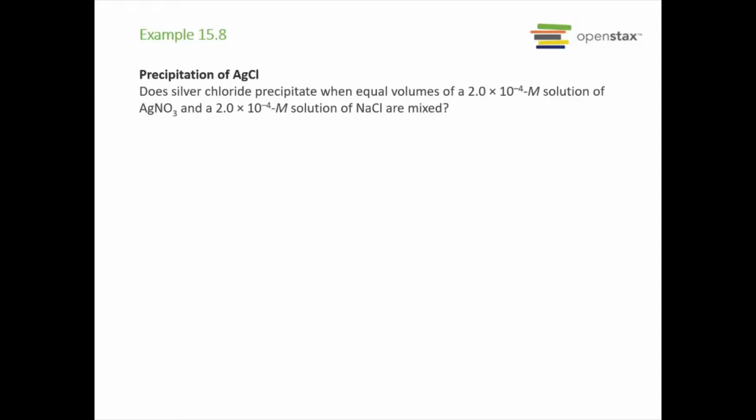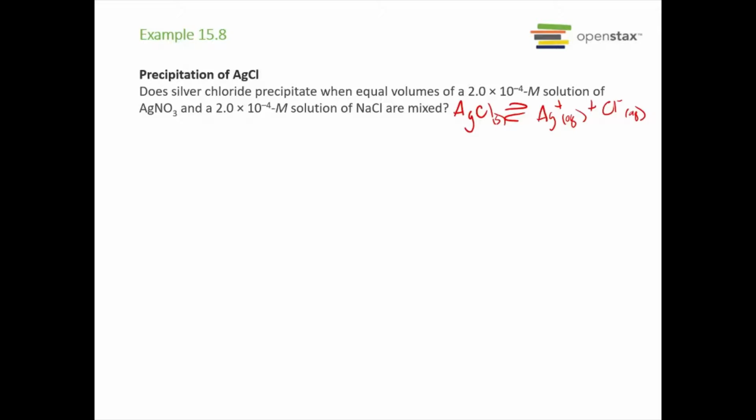Another example: does silver chloride precipitate when equal volumes of a 2.0 times 10 to the negative 4 molar solution of silver nitrate and a 2.0 times 10 to the negative 4th molar solution of sodium chloride are mixed? So the first thing we should think of is that silver chloride is what we're looking for here. So since we want silver chloride, that's AgCl. The equilibrium for this is going to be Ag+ plus Cl-.